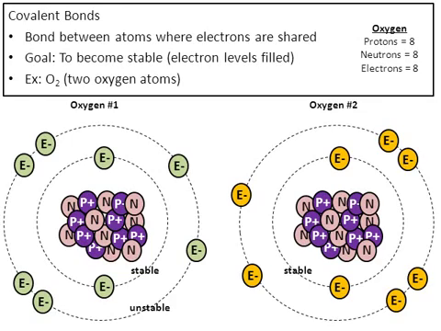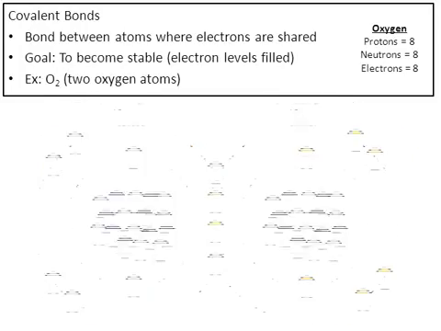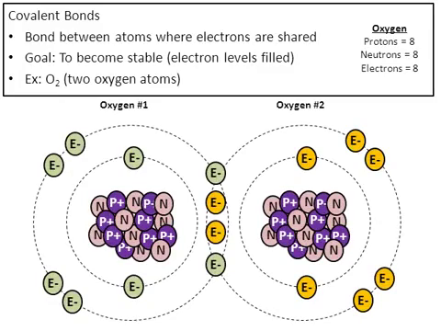So the first level is stable, it's filled. The second level is unstable, it's not filled. It doesn't have 8 electrons, it only has 6. So what's going to happen when these 2 atoms are both unstable? Well, in this case, they're going to form a covalent bond. They're going to overlap their electron levels and share their electrons.